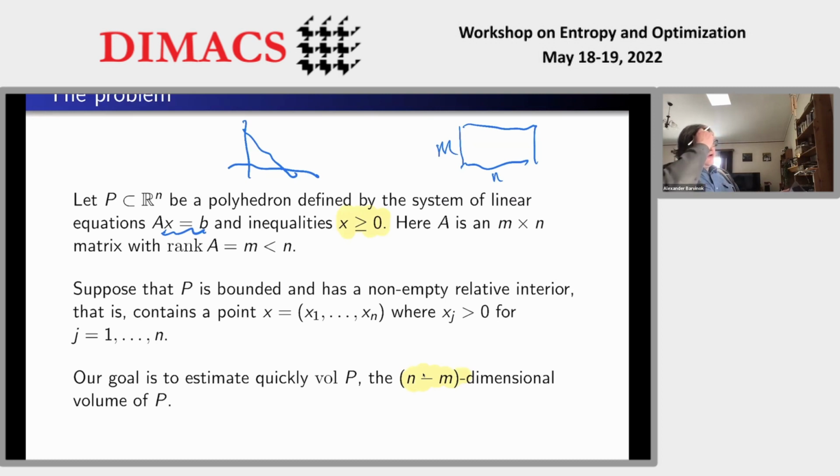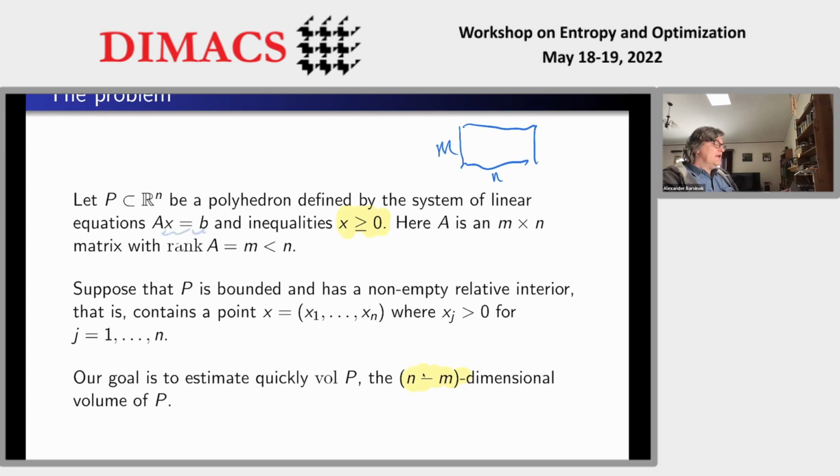But our goal here is to get as close to a formula as possible, so that, for example, we can get some idea for the volume of a polyhedron in a family of polyhedra. So that's the goal. Any objections to that?